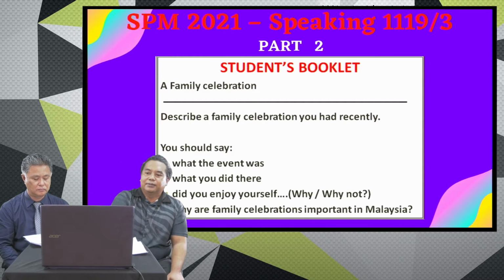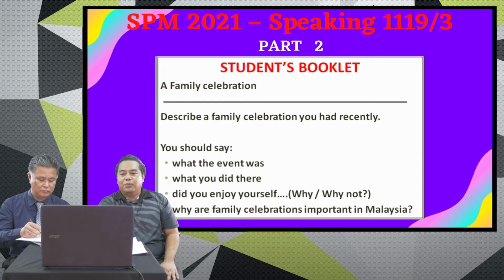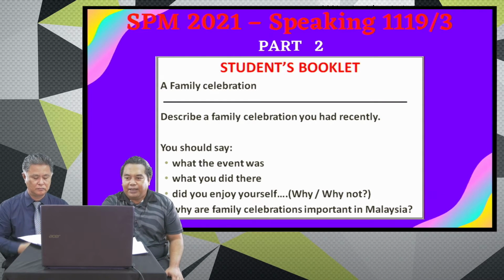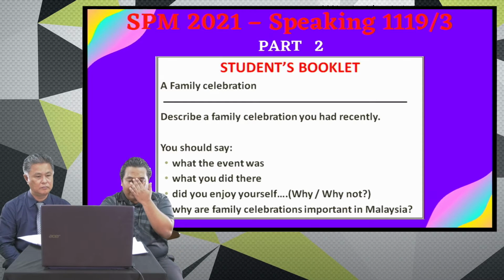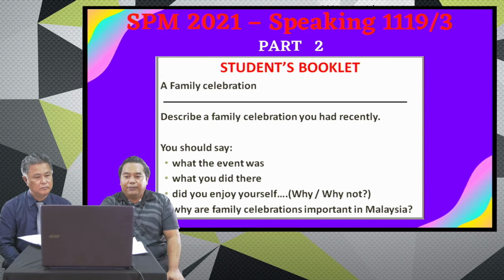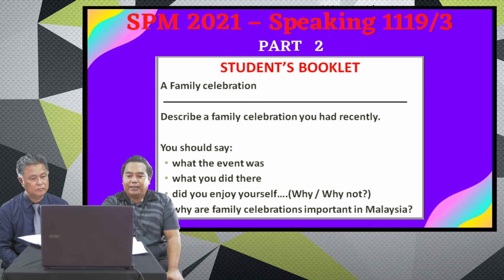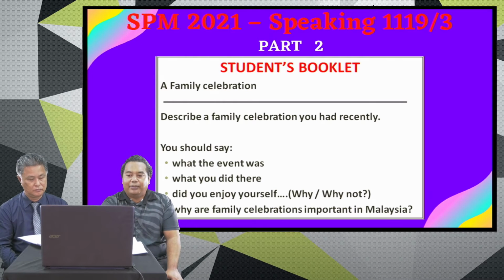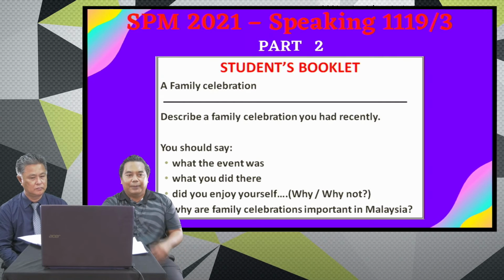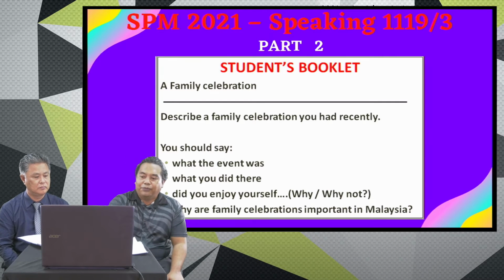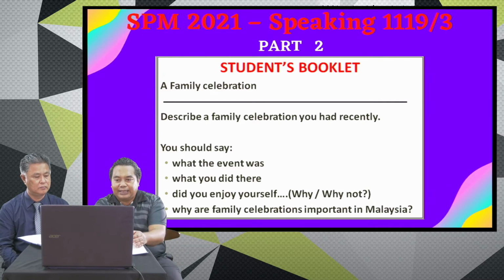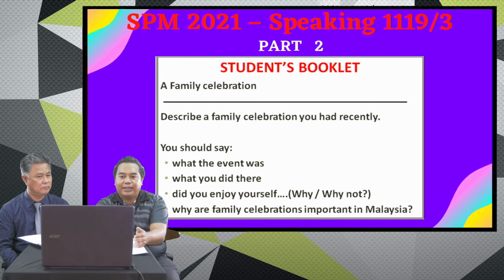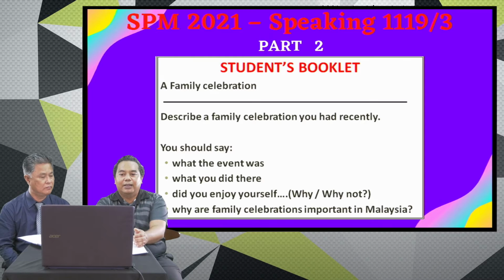Okay, here for example, the student booklet: a family celebration. Describe a family celebration you had recently. You should say what the event was, what you did there, did you enjoy yourself, why or why not, why are family celebrations important in Malaysia. As we looked at before, the student will get this booklet, and in the booklet the question will be given about a family celebration.